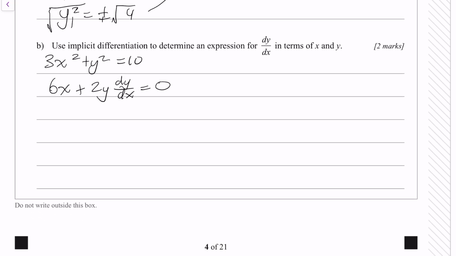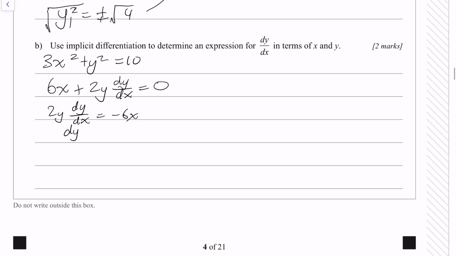Okay, and from that, we can just rearrange. All right, so be really confident, guys, with your transposing. dy/dx equals negative 6x over 2y. I can further simplify that.